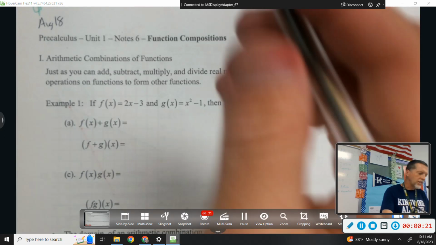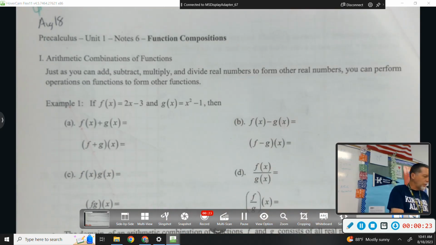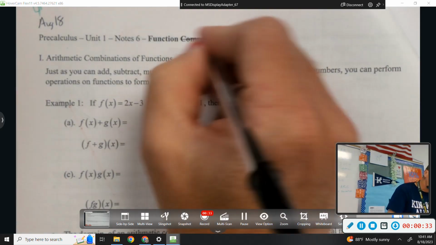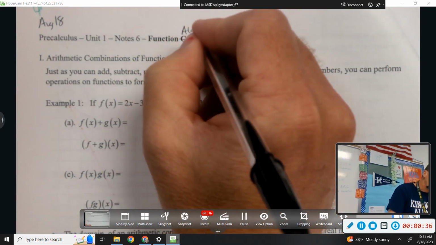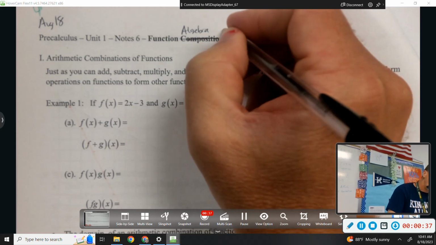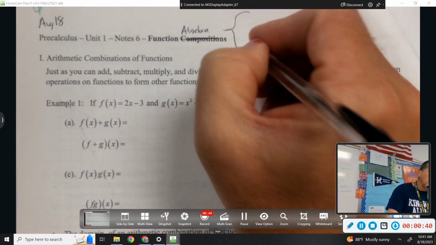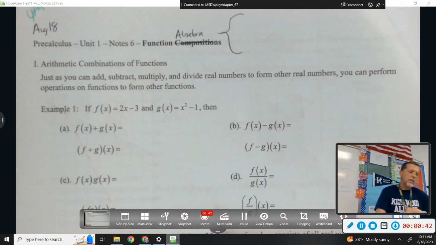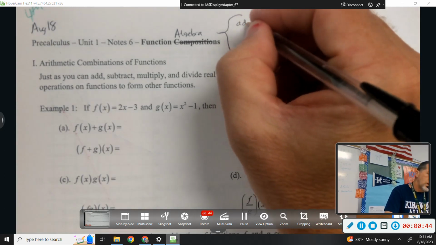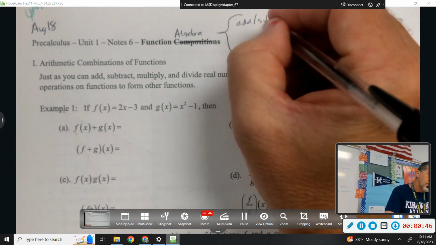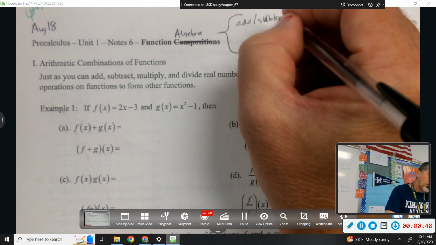Function compositions. I kind of don't like that we've called it function compositions, and let me tell you why. We're going to do composition, but a better way to say it is function algebra. Within that algebra, we'll do add and subtract, that's easy.